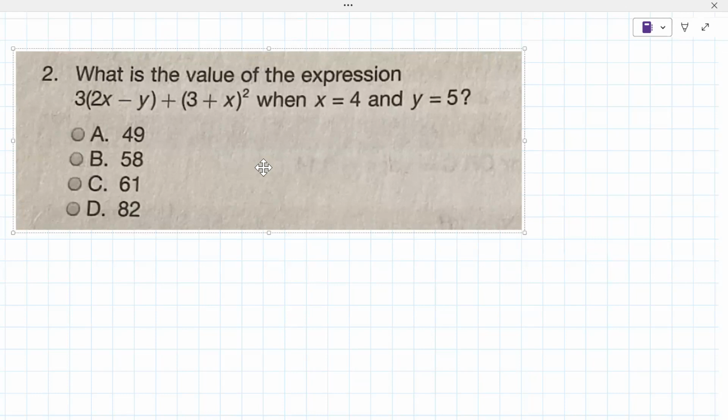49, I think. No. What is it? Okay, 249. I didn't get anything close to the answer.